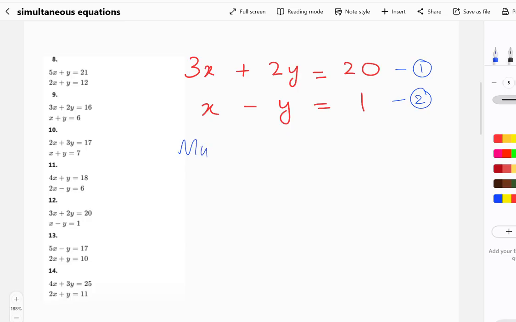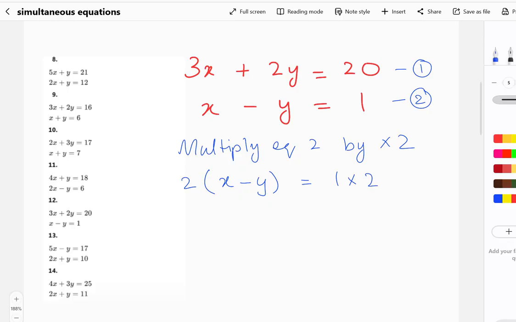I'm going to say multiply equation 2 by 2. So it's going to be like this. The left side is multiplying with 2, and the right side is also multiplying with 2.